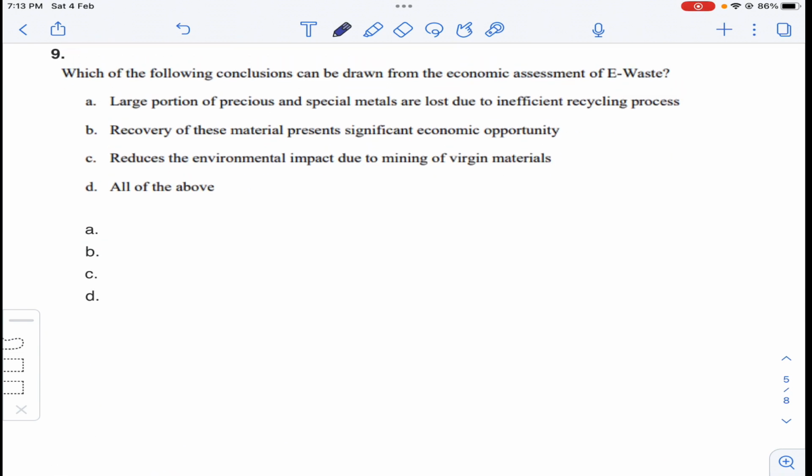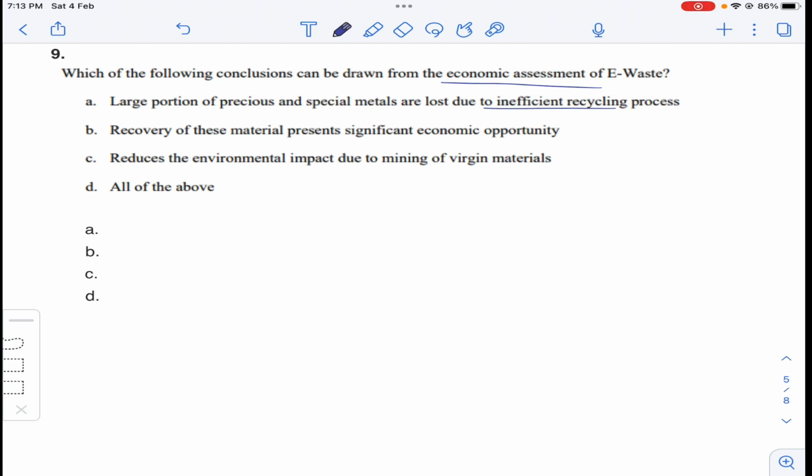Coming to question number 9. Which of the following conclusions can be drawn from economic assessment of e-waste? So we need to assess how much e-waste is generated. A large portion of precious and special metals are lost due to inefficient recycling process.